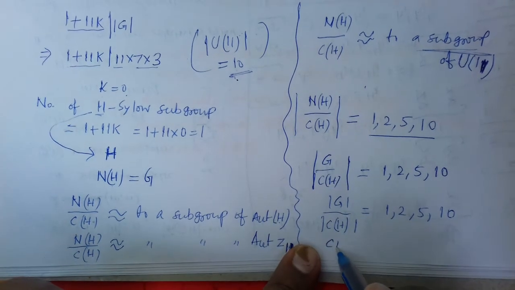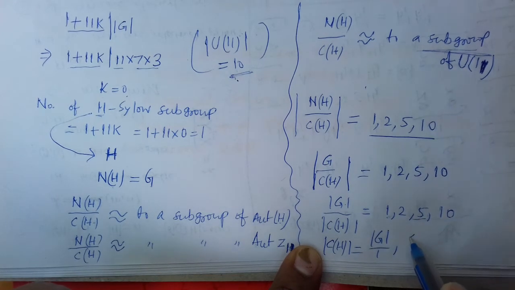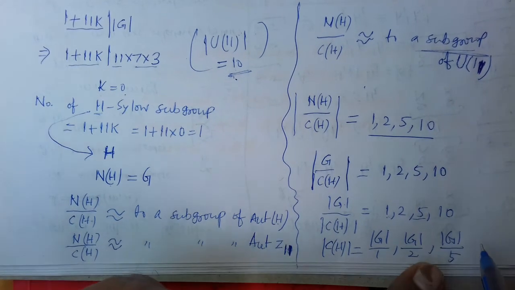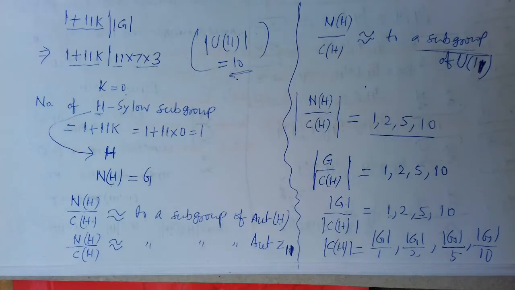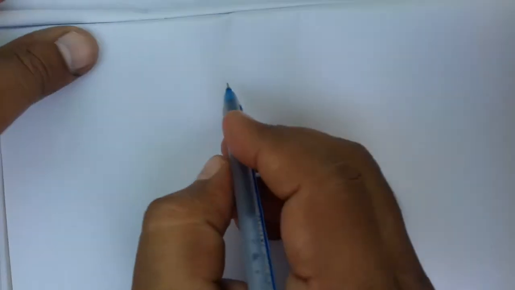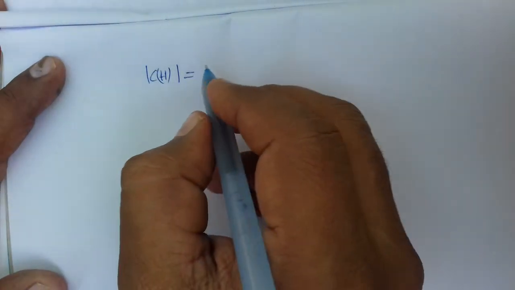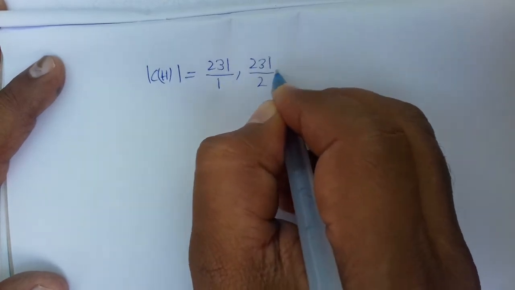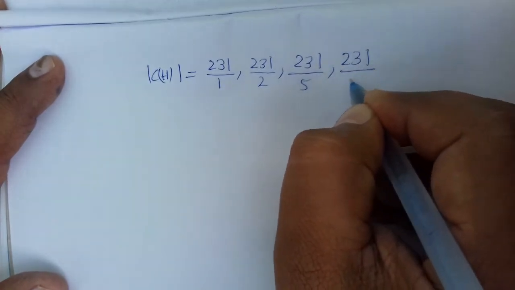So the order of CH will be the order of G divided by these numbers: 231 by 1, 231 by 2, 231 by 5, 231 by 10.